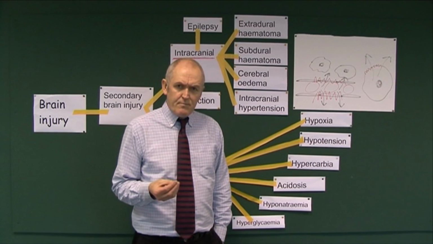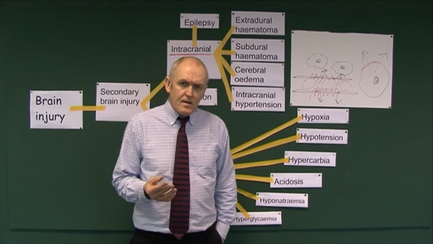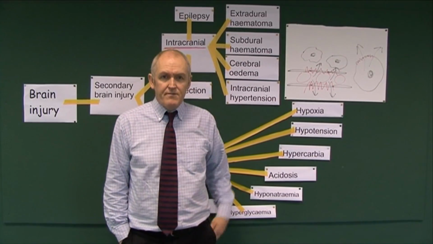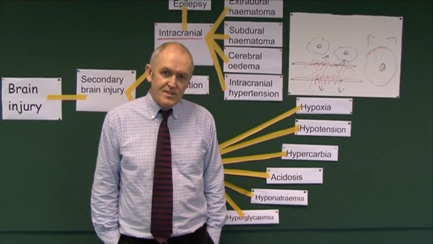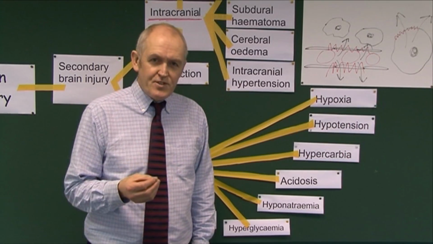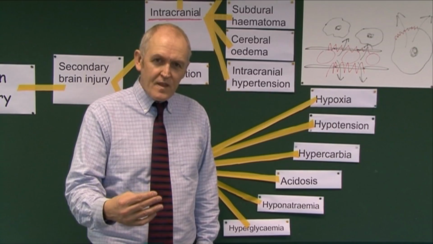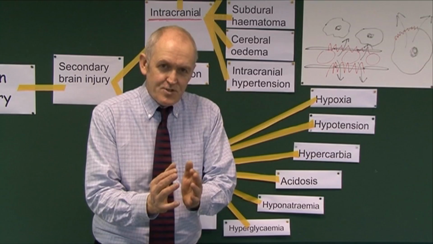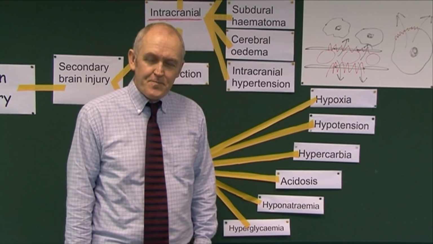Let's think about the management implications now of patients with cerebral edema. Now, you might remember that tissue fluid forms at the arterial end of capillaries under the influence of blood pressure, and it's reabsorbed at the venous end of the capillaries under the influence of osmotic pressure. So what it is important to do is to maintain the osmotic pressure of the plasma, so the plasma is sucking back in the tissue fluid from the interstitial spaces back into the blood at the venous end of the capillary.